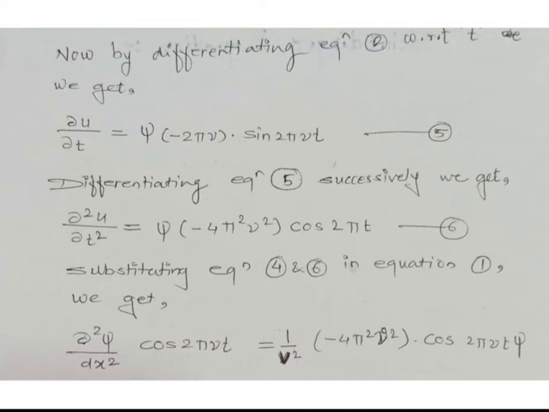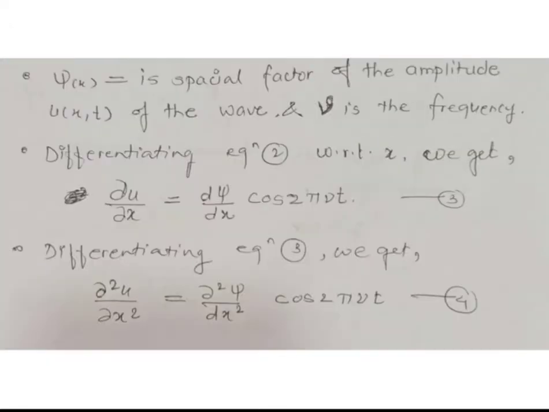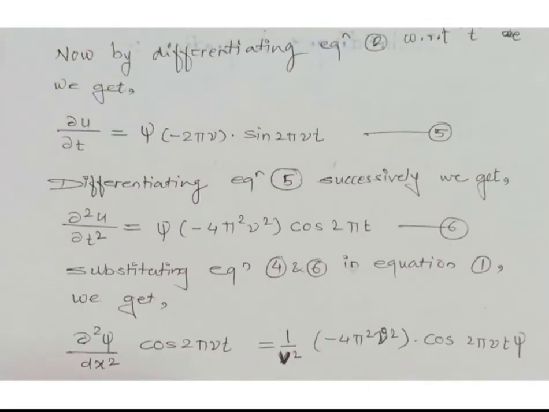Simply by taking differentiation of equation number 2 with respect to time t, the equation becomes del u divided by del t is equal to psi, the work function, into minus 2 pi nu into sine of 2 pi nu t. So this cos will become sine.